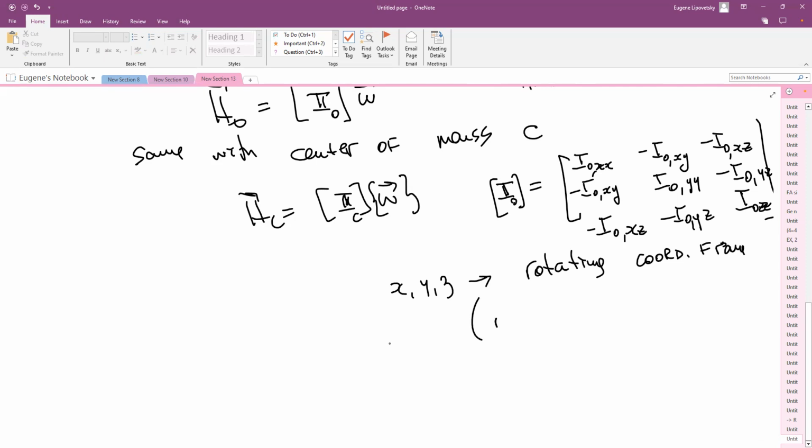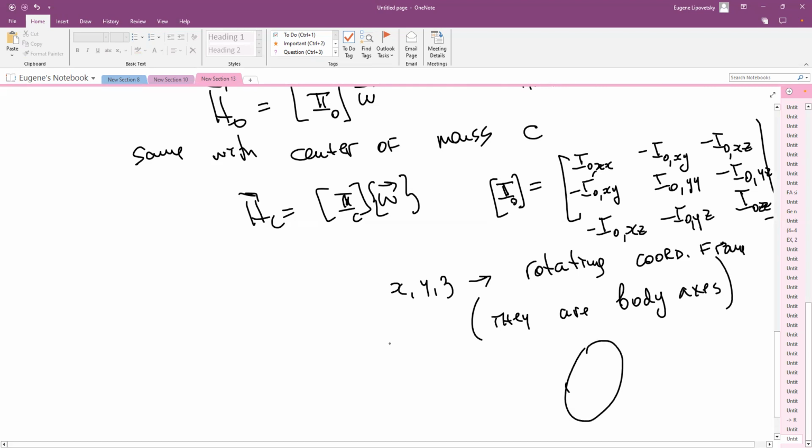So in other words, they are body axes. Okay.